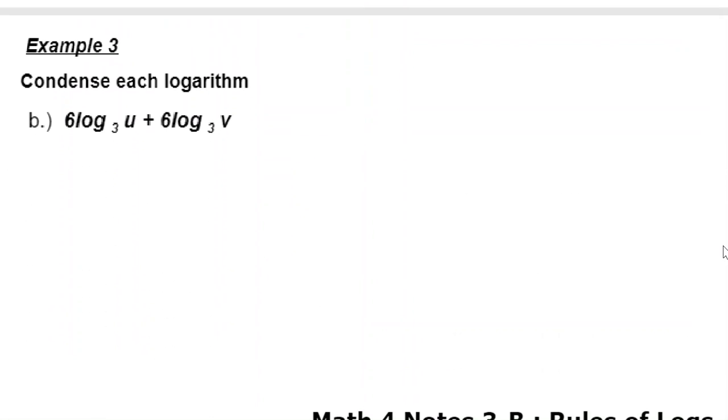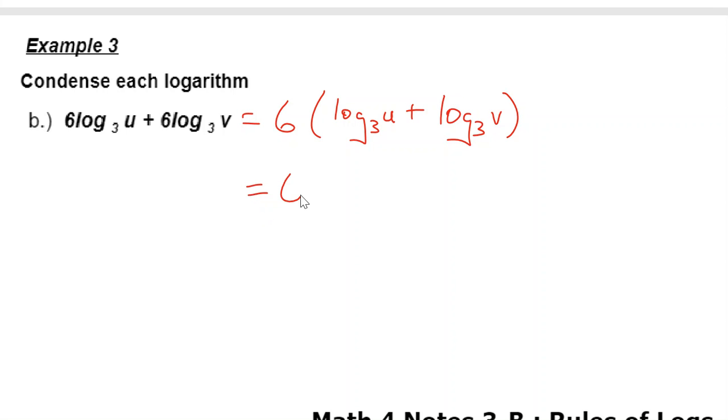Now this one's a little uglier. This one actually, you have the 6s that you need to deal with. You have the plus that you need to deal with. And there's not really any rule that says which one should come first. I'm going to factor the 6 outside. Which means that I ought to be able to multiply them.